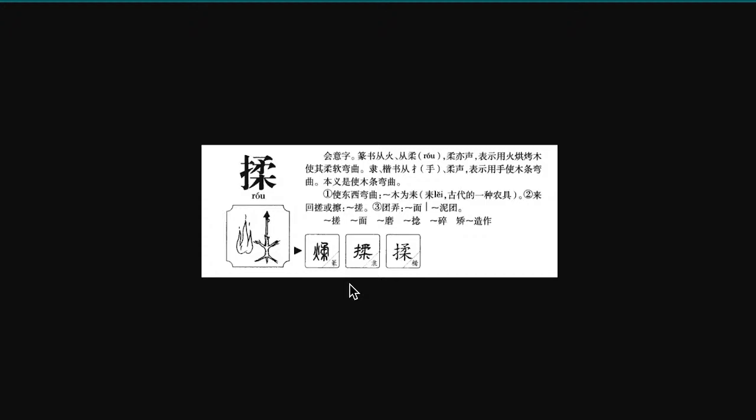And on the bottom is 木, a tree. So this means a wooden staff, and usually a metal tip is attached.